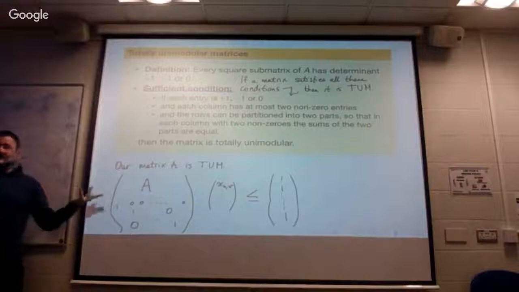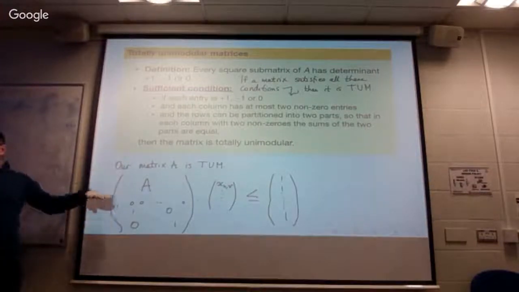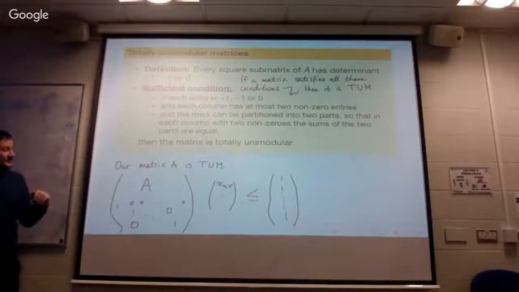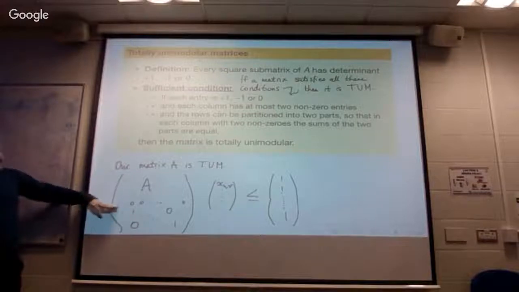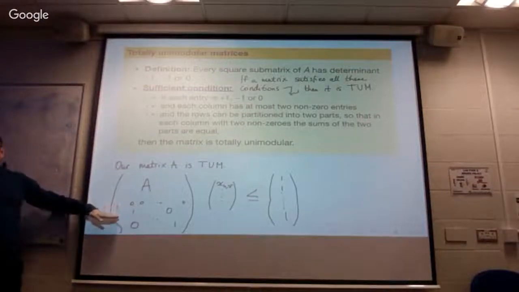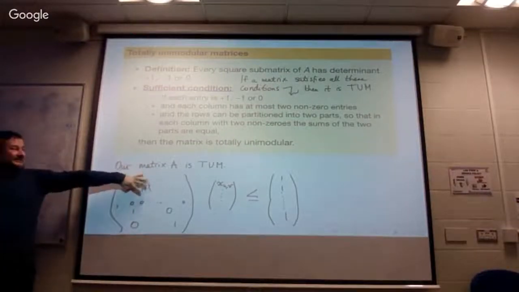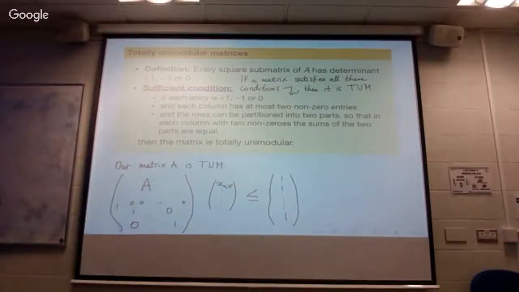Or maybe times -1 depending on which row it is, the odd numbered row or even. Does that sound familiar? So the same trick: if your square submatrix contains some of these rows, then that just changes the sign, and when you get rid of them, the rest is totally unimodular. The whole matrix is also totally unimodular. Okay.